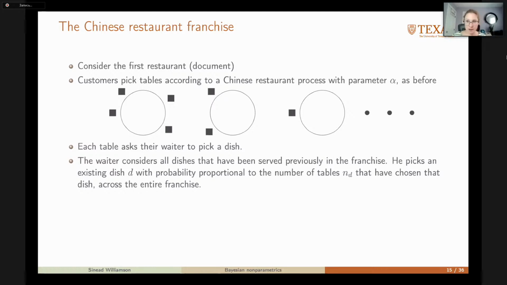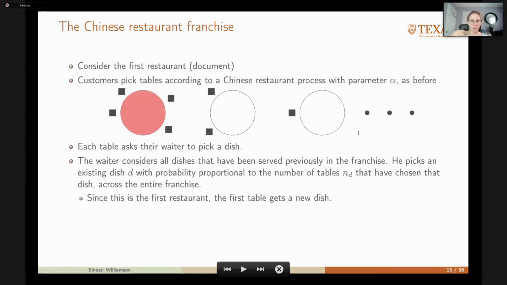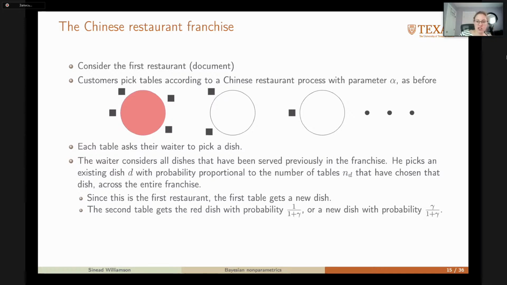So how many tables in the entire franchise have chosen that dish. Or he's going to pick a new dish with probability proportional to some constant gamma. This is the first table, so he's going to get a new dish. Then the second dish is the second table, he's either going to give that first dish with probability proportional to 1, because 1 table has had that dish, or a new dish with probability proportional to gamma.